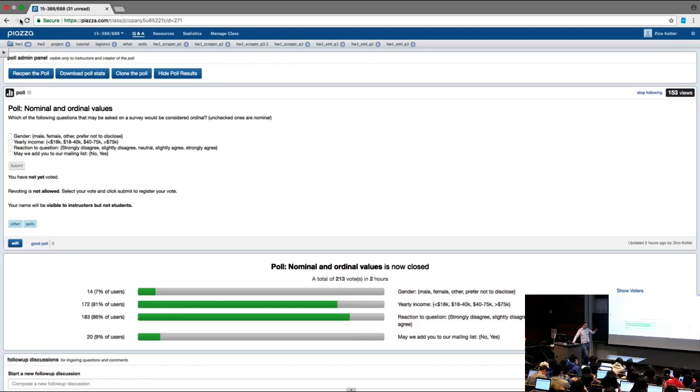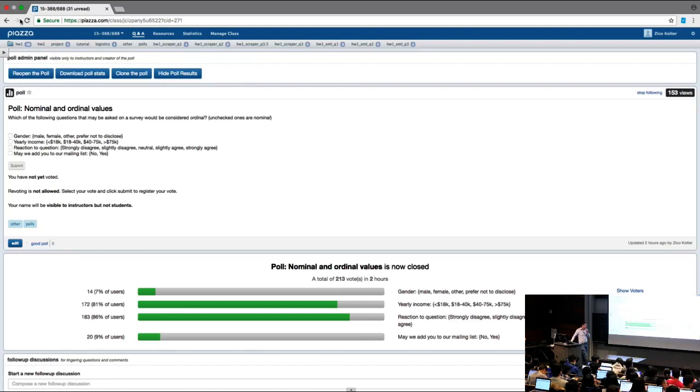This one is less than this one, by definition, which is less than this one. So this is an ordinal data point because we know that everyone in this category makes less than the people in this category. That's a classic ordinal data type.